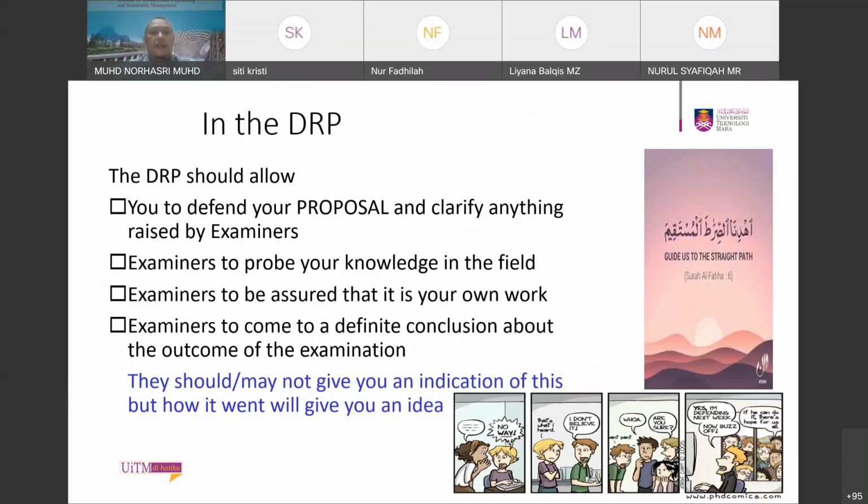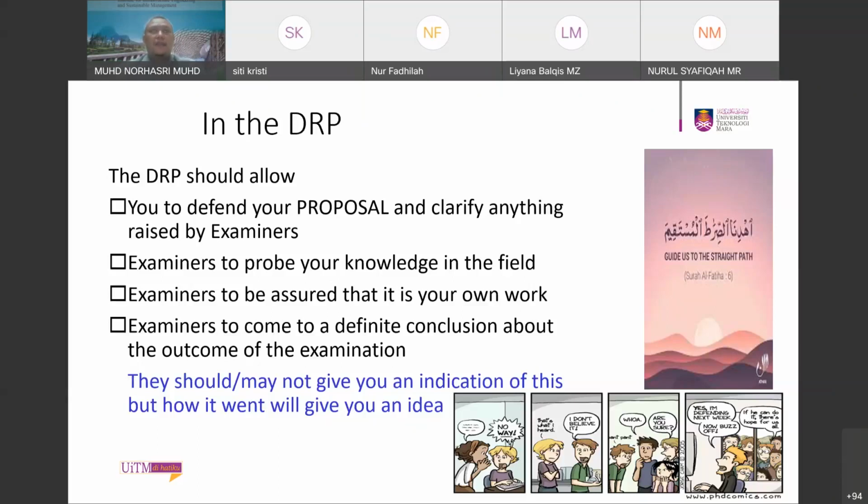The first one, defend your proposal clearly. Again, the examiner may be a well-known person in your field, but the examiner may also lack information about your research.